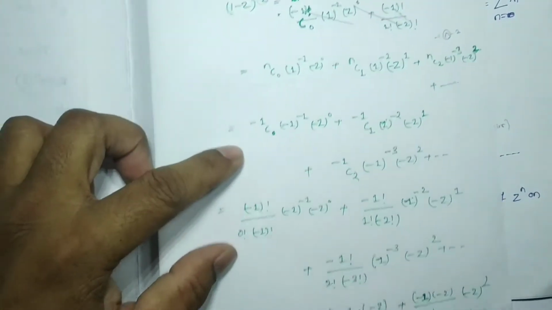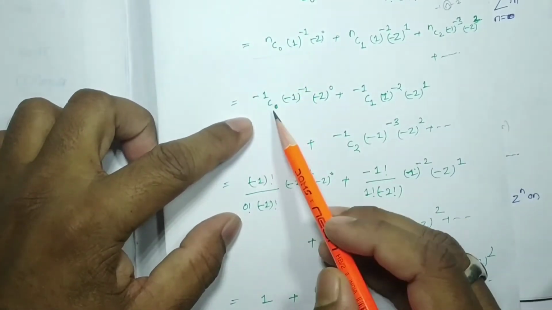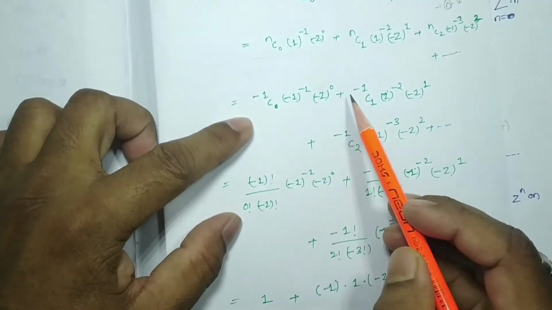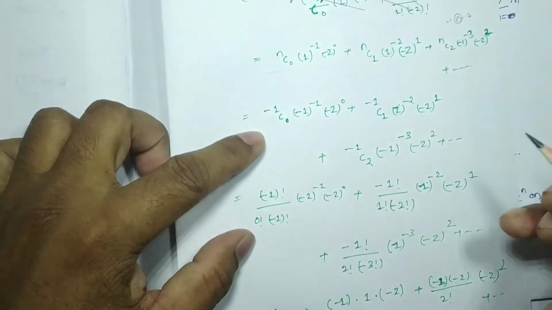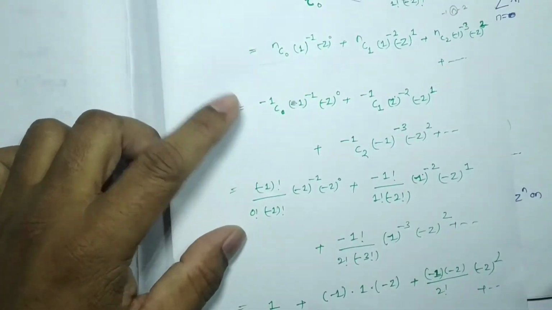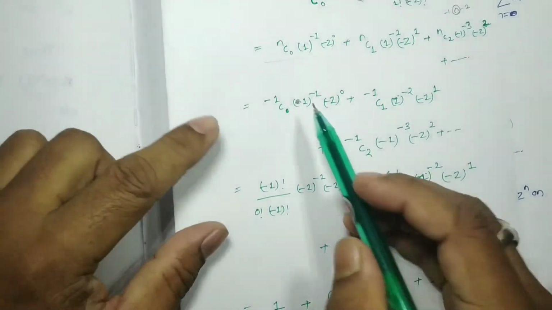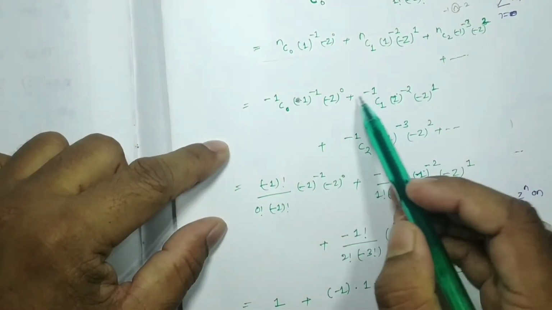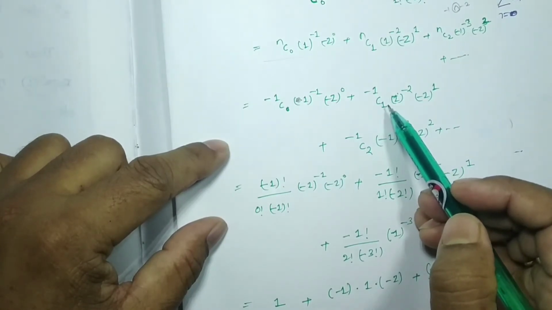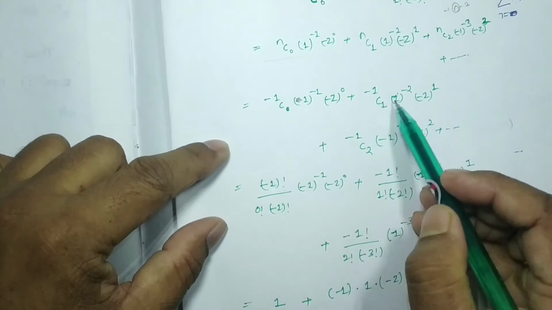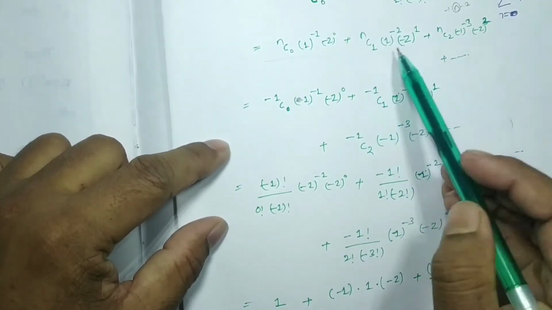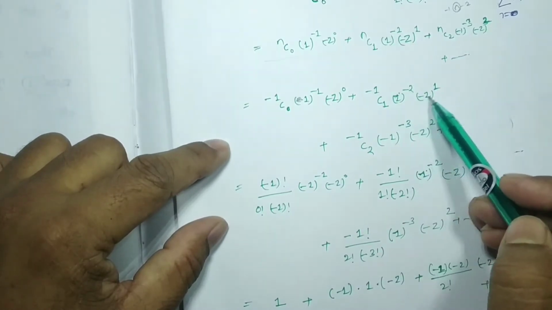Okay, so here n means minus 1 C0, 1 to the power minus 1 minus z to the power 0. Here not minus 1, here 1. I did a simple mistake. So 1 to the power minus 1 minus z to the power 0 plus minus 1 C1 1 to the power minus 2 minus z to the power 1.